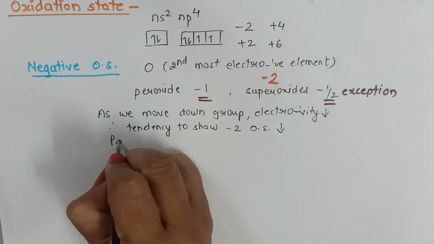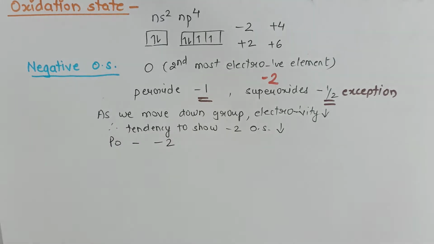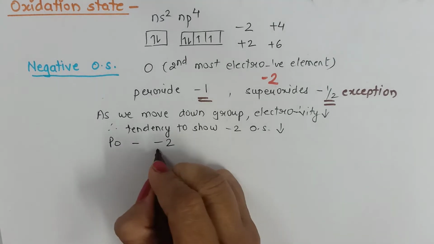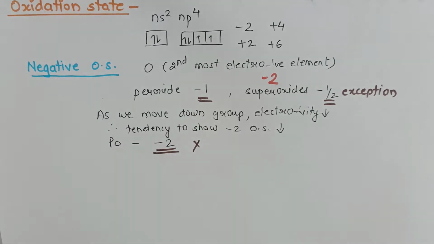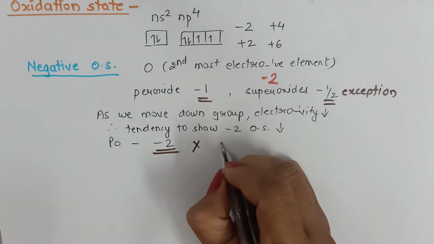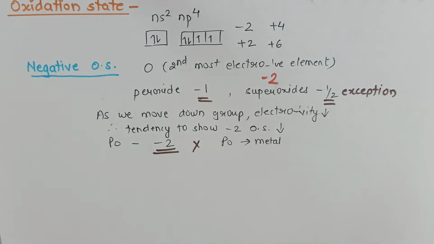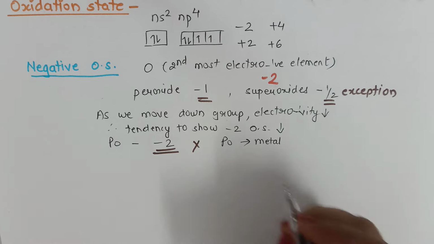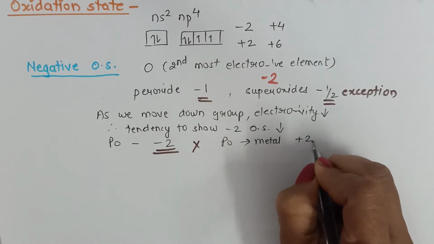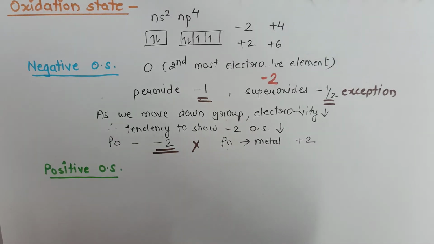That means polonium will never ever show -2 oxidation state. We can also refer to the fact that polonium is a metal, and therefore it will not have the tendency of gaining electrons. Instead it will have the tendency of losing electrons, and therefore polonium will always show oxidation state of +2.